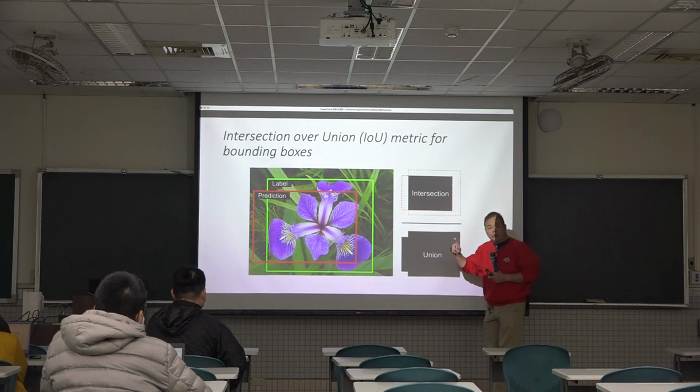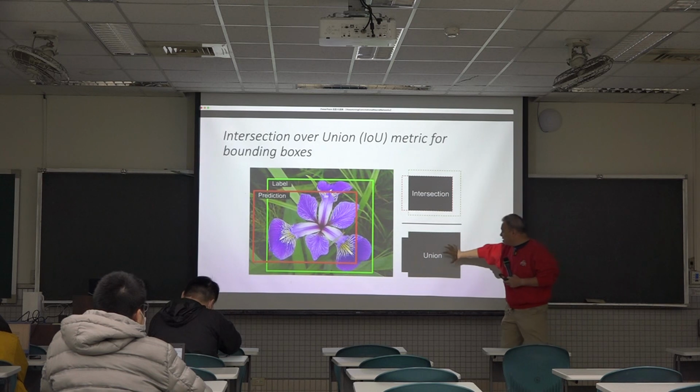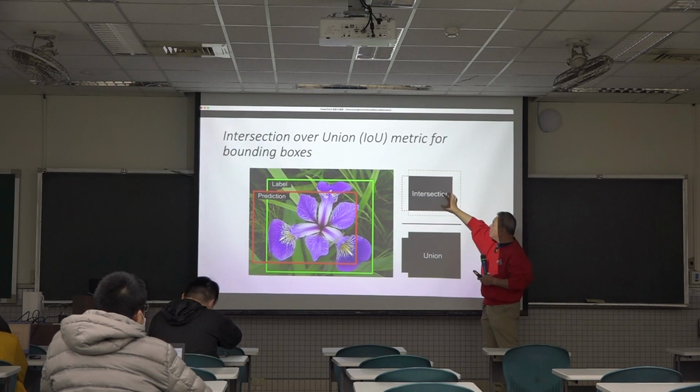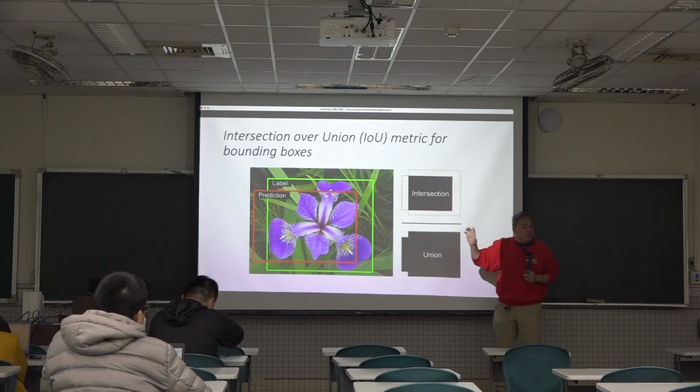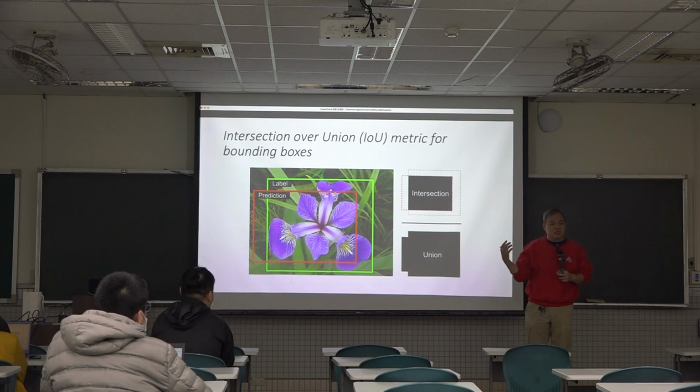You can tell that the union must be greater than or equal to the intersection, right? If you have taken my discrete mathematics class, I hope you still remember that for two sets, the union must be greater than or equal to the intersection.